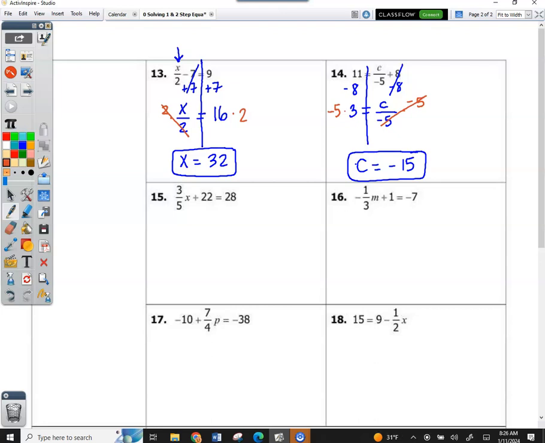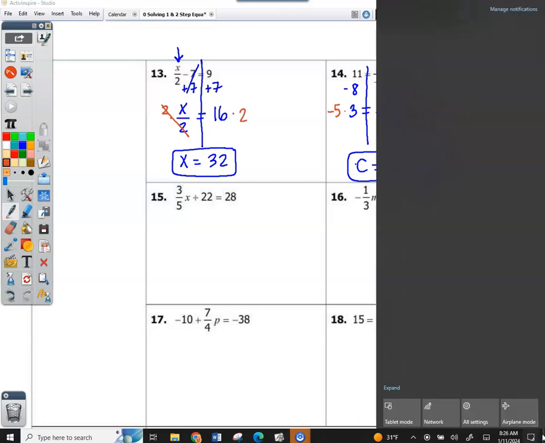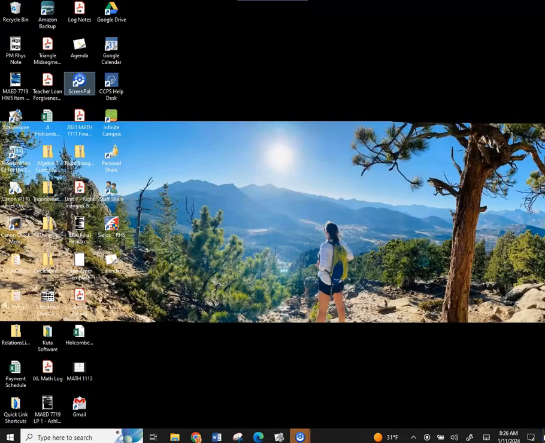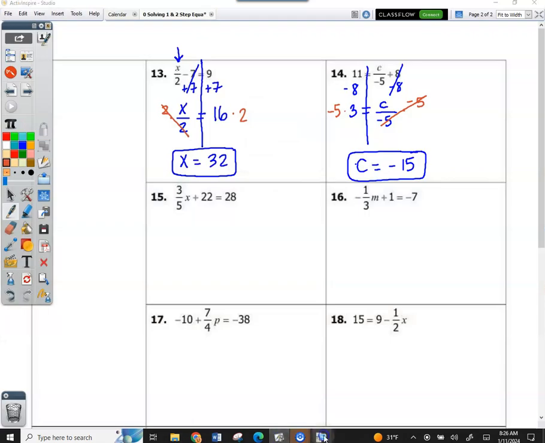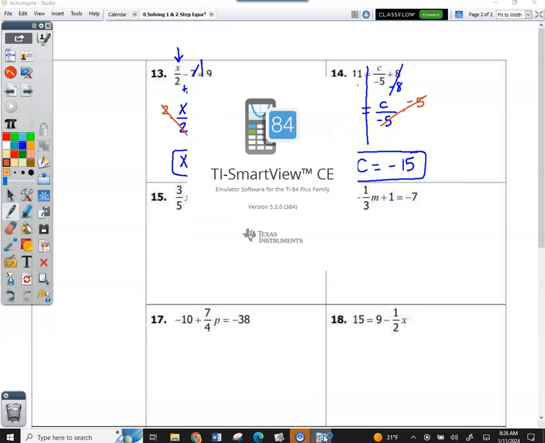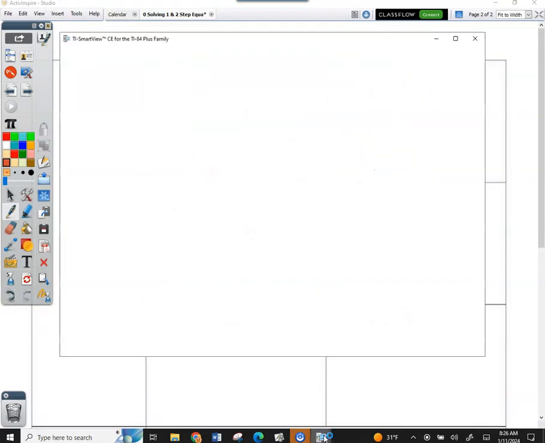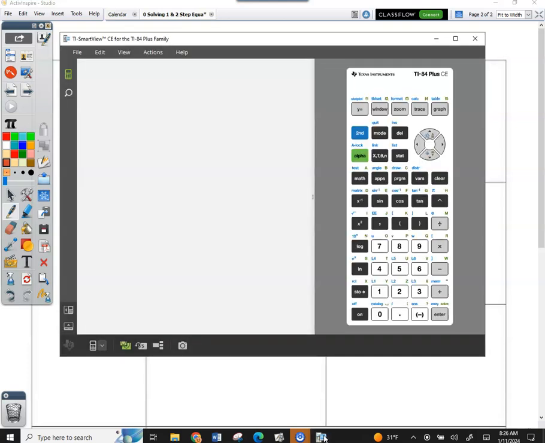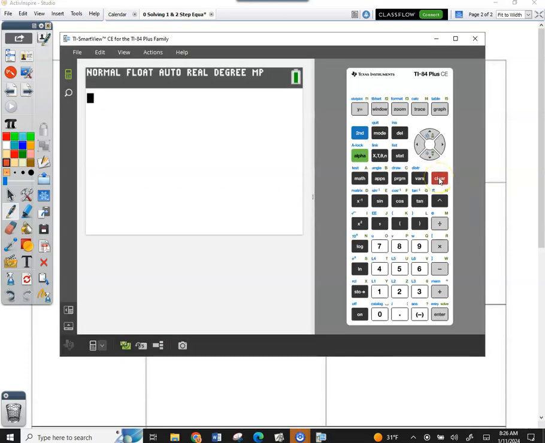And actually, let me pull my calculator up because I think some people need a refresher on how to type a fraction in. Let me find my calculator. Okay, there's two ways to type a fraction in your calculator.